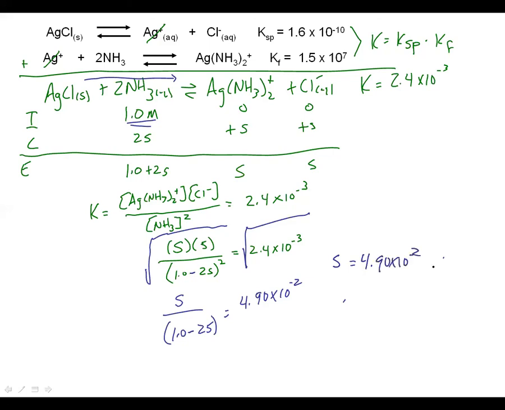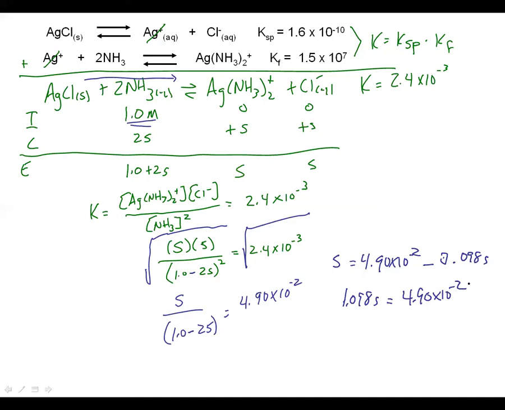This should be minus now. 0.098S. We should add that actually to the other side. Gets us 1.098S equals 4.90 times 10 to the minus 2.